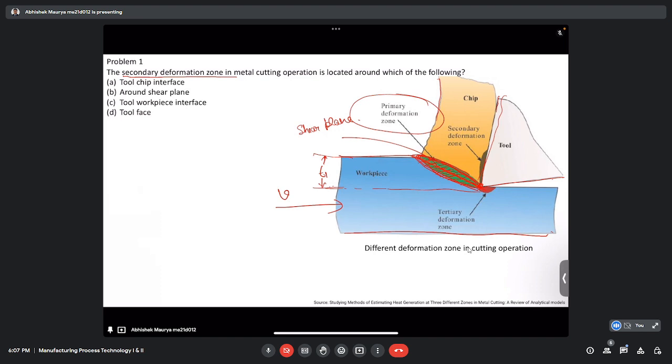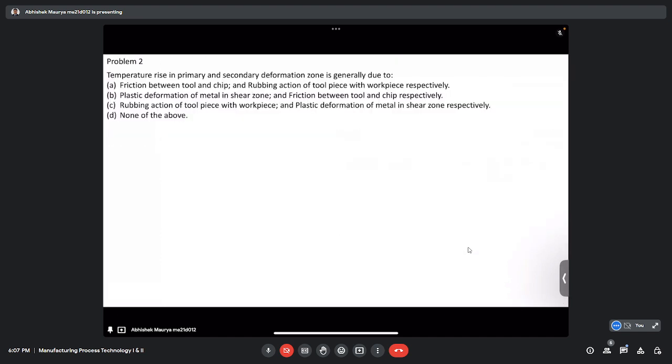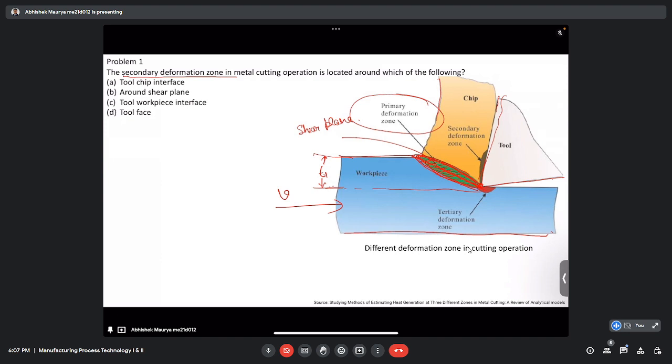But apart from primary deformation, there are other deformations that also take place during cutting. Another one is the secondary deformation, which takes place here. Why does deformation take place here?